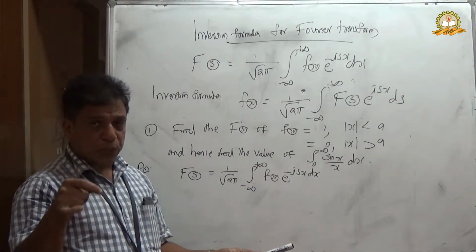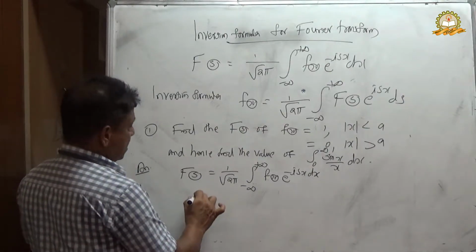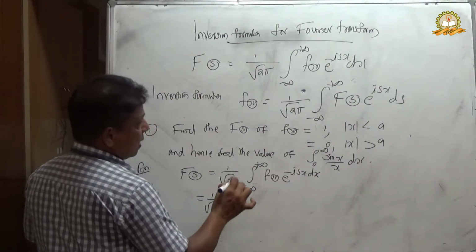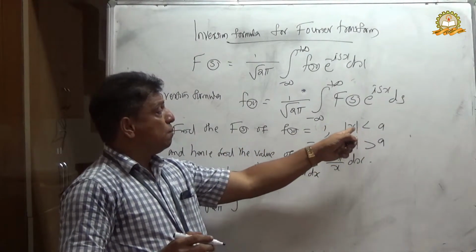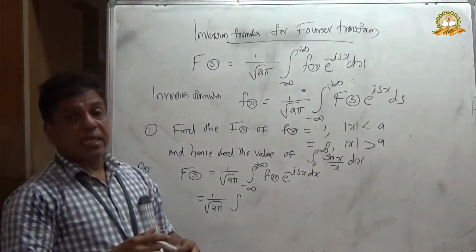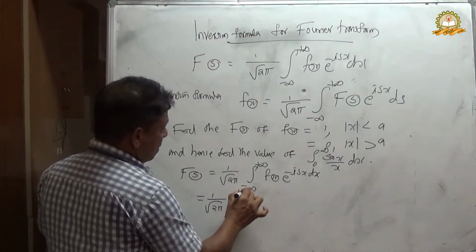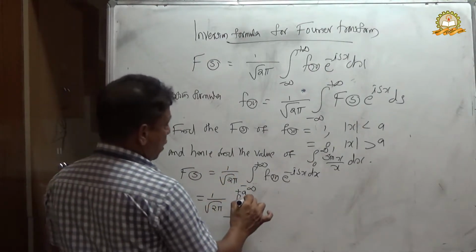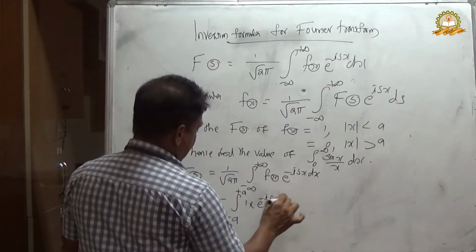Integrate with respect to x in the case of Fourier transform. Then this is equal to 1 by root of 2 pi integral. Here, for the limits, mod x less than a and mod x greater than a, the lower limit will be minus a and the upper limit will be plus a. In minus a to plus a, the function value will be 1, e raised to minus isx dx.